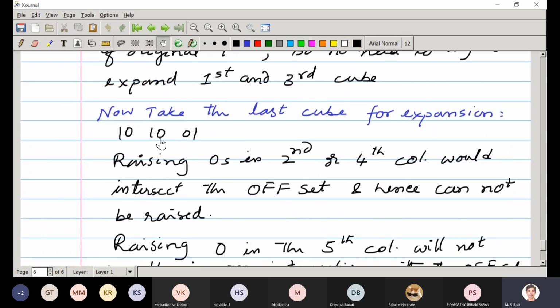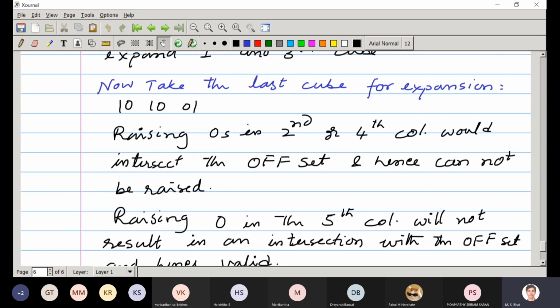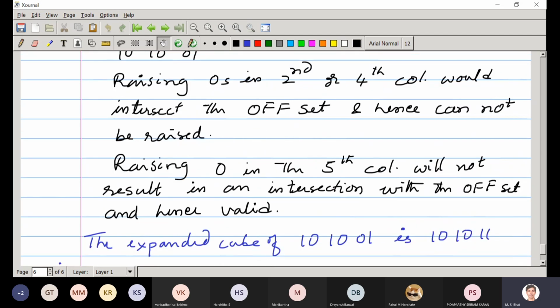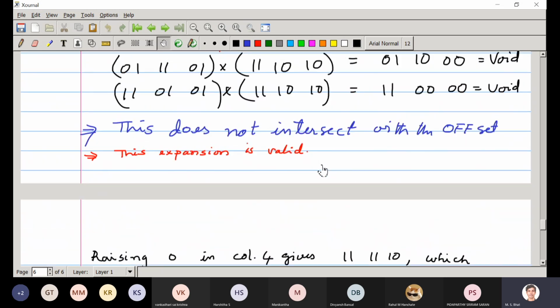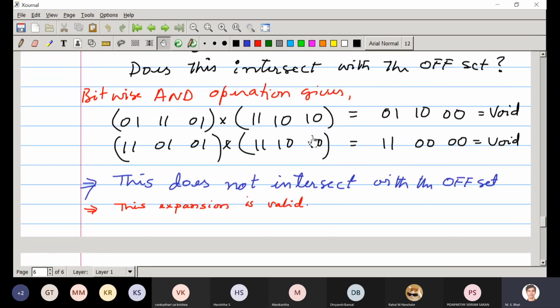Second or fourth column would intersect with the offset and hence cannot be raised. Raising 0 in the fifth column, this column, will not result in an intersection with the offset. Okay. So you see, suppose I raise only the fifth.